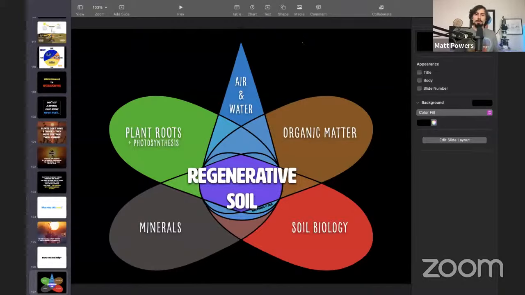So being able to bring it down to this simplicity is actually a functional layer, so that you can take action and make decisions and examine all of these things individually in a way that allows you to make good decisions. So that's really what I've been working on these past several years with the Regenerative Soil Trilogy.